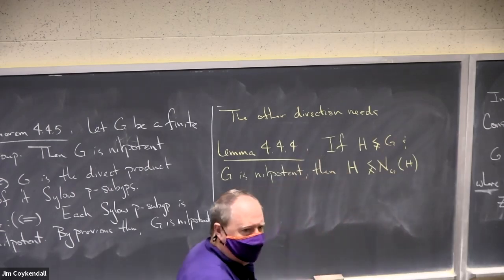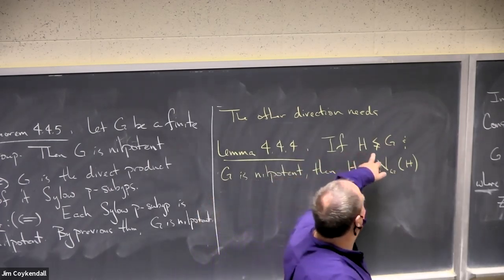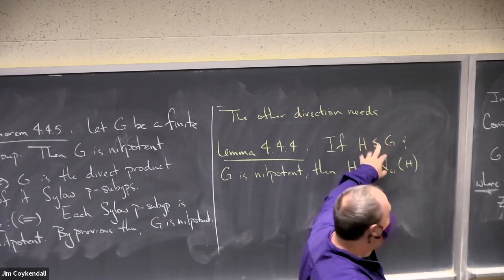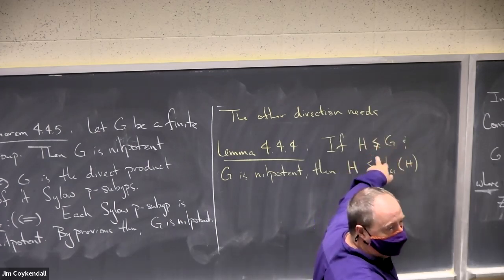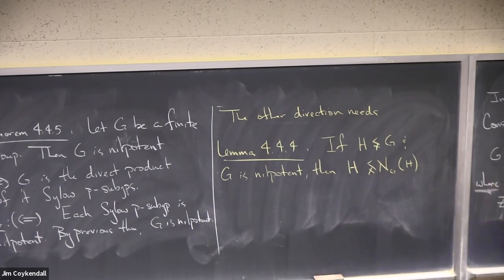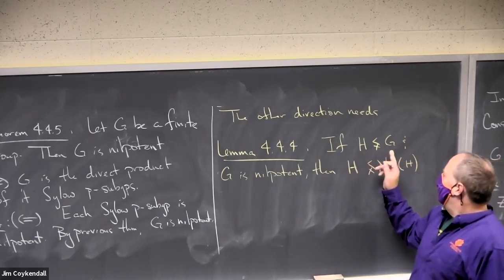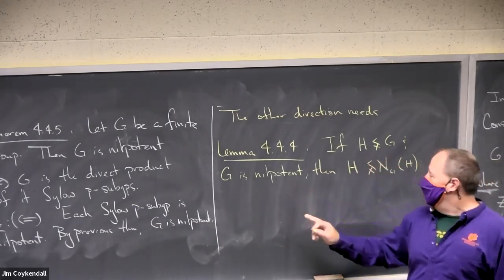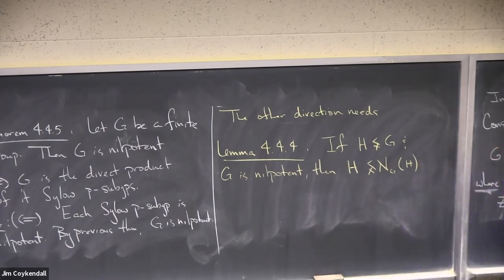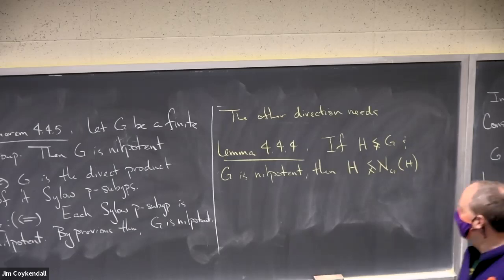Let me explain my notation here. If H is a proper subgroup of G, so it can't be the whole thing, and G happens to be nilpotent, then H is a proper subgroup of its normalizer. That is, the largest subgroup of G in which H is normal is strictly bigger than H, right? Might even be all of G, but it has to be bigger than H.